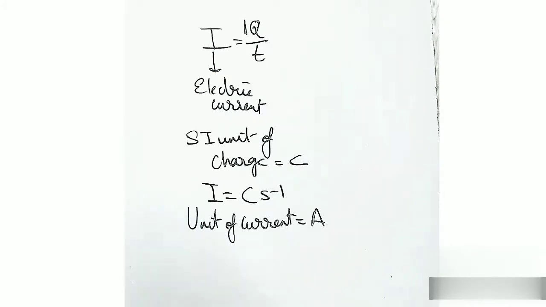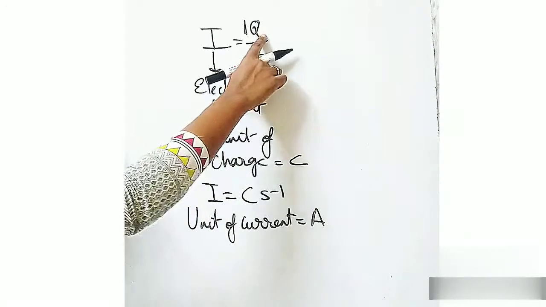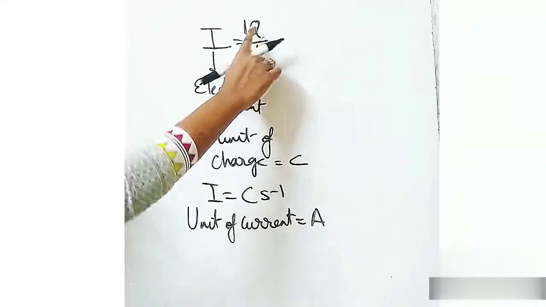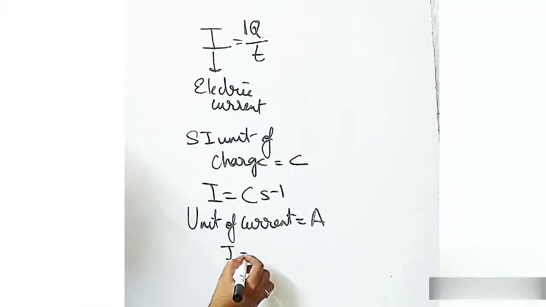So 1 ampere is the flow of 1 coulomb, because that is the unit of charge, per second. So 1 ampere is constituted by the flow of 1 coulomb of charge per second.